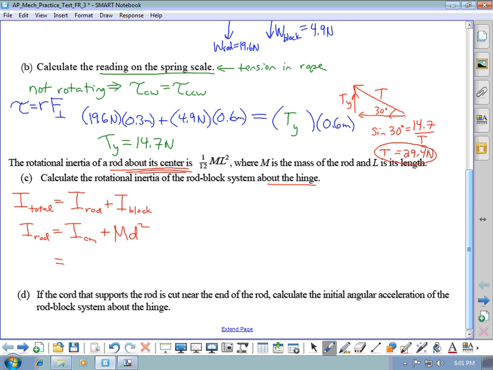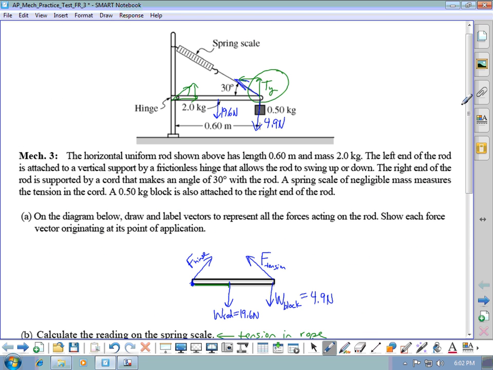So doing that, we have 1/12 ml squared plus m, and the distance from the center of mass of the rod to the axis of rotation is half of the length of the rod.